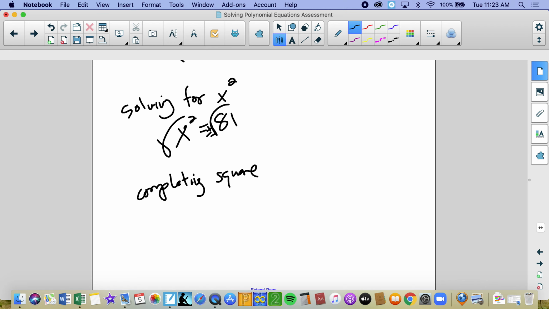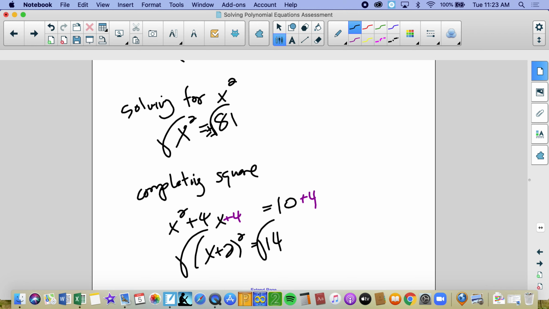That was another technique, and that looks something like that, where we would complete the square, and we'd add 4 to both sides, which would create a binomial square, and then we would take the square root of both sides.